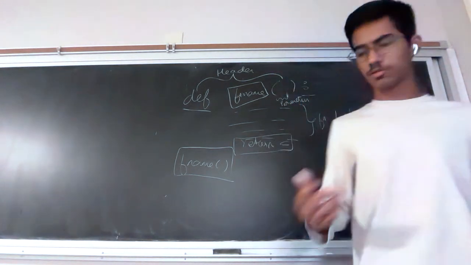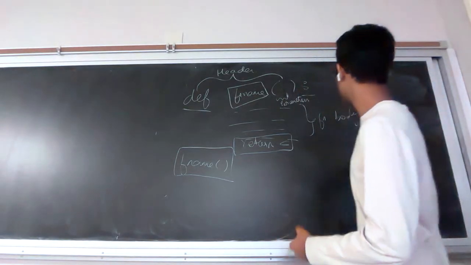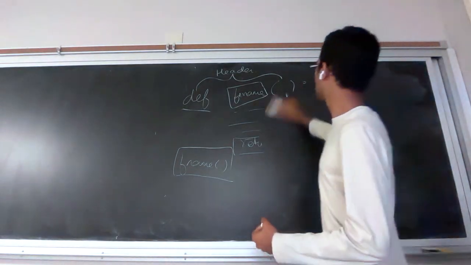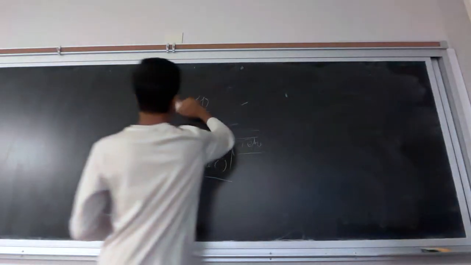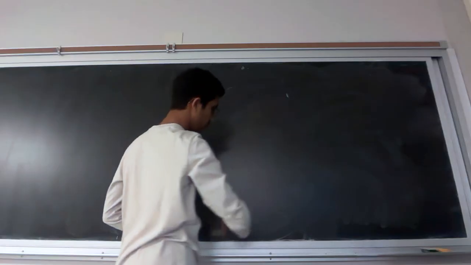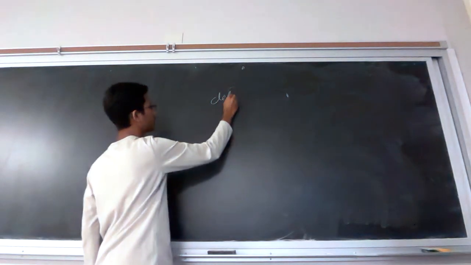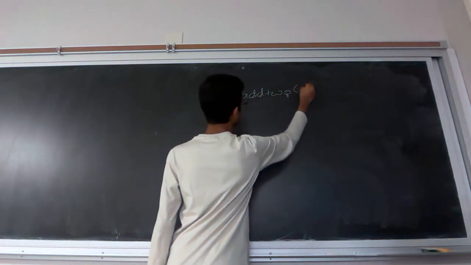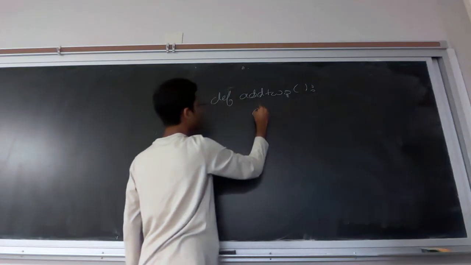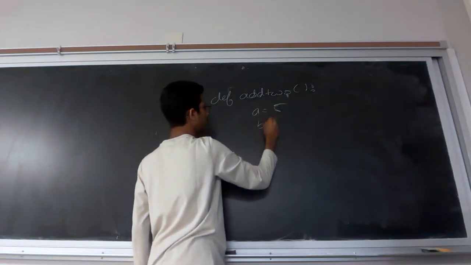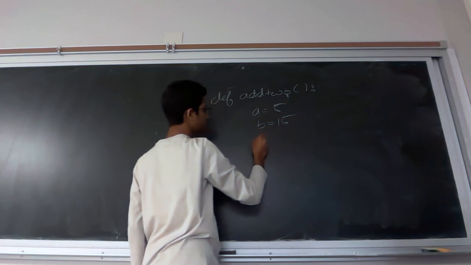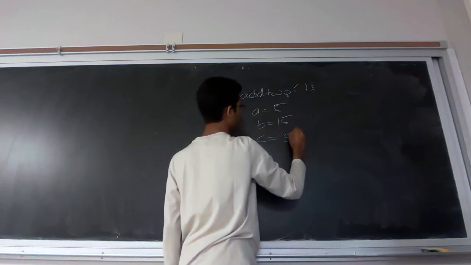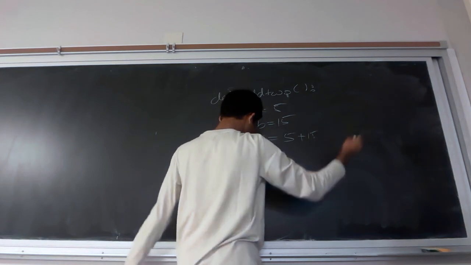Okay, let's look at an example. Let's create a function to add two numbers together. Let's say I want a function that adds 5 and 15 and prints the output. So let me create a function def add2, a is equal to 5, b is equal to 15, c is equal to 5 plus 15, or actually that's redundant.